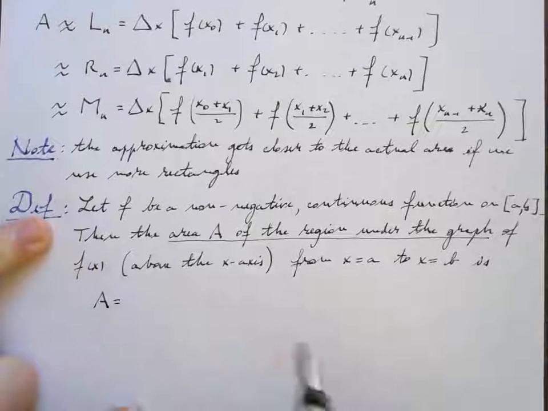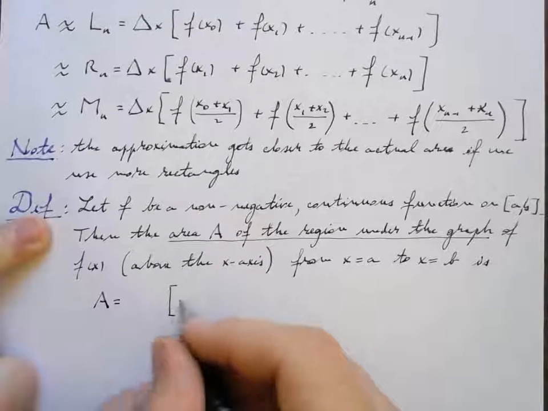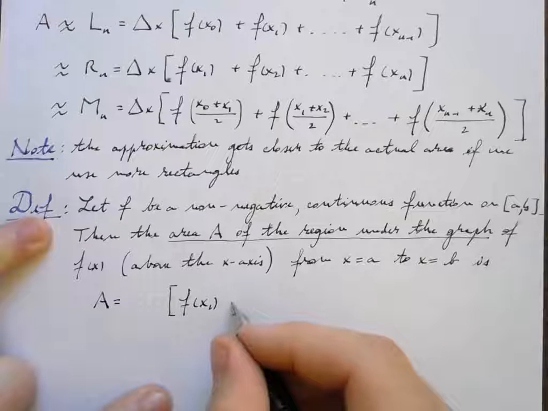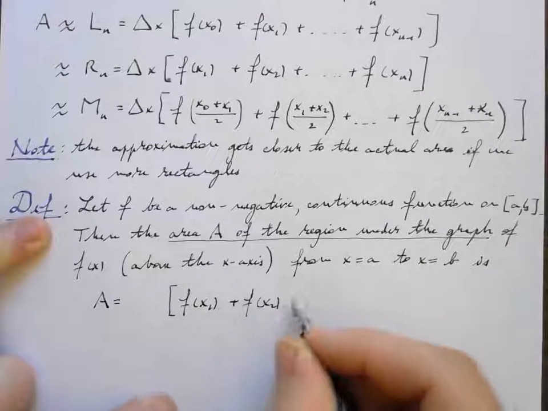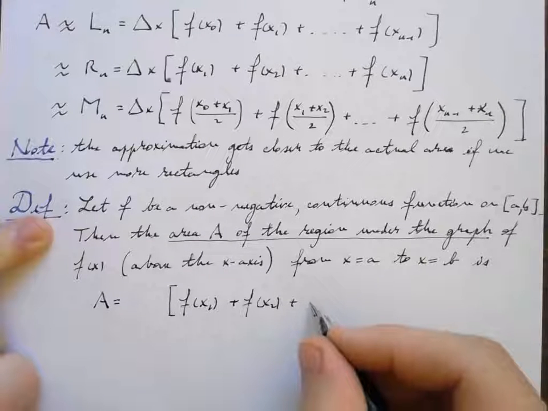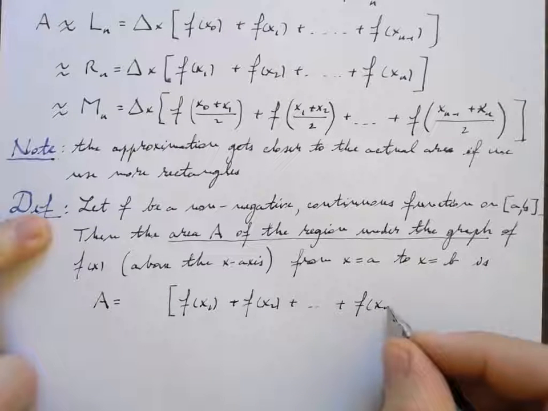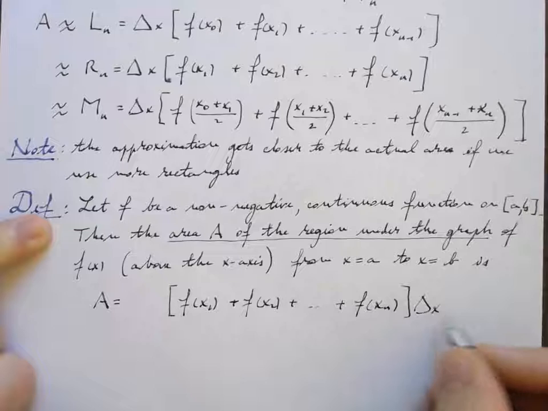A is equal to f of x1 plus f of x2 plus etc. f of x sub n, if I'm using n rectangles, times delta x.